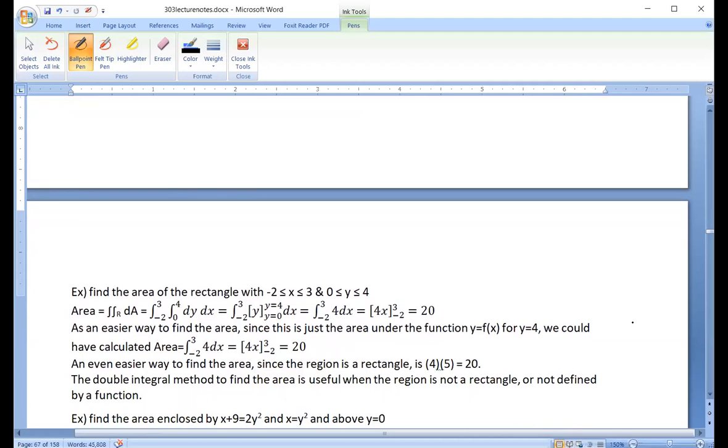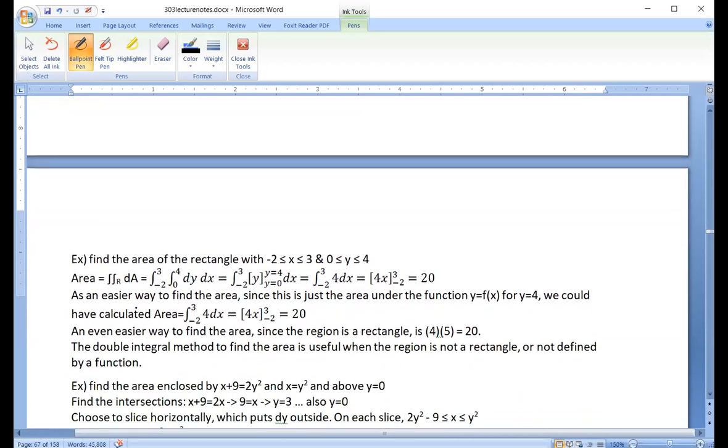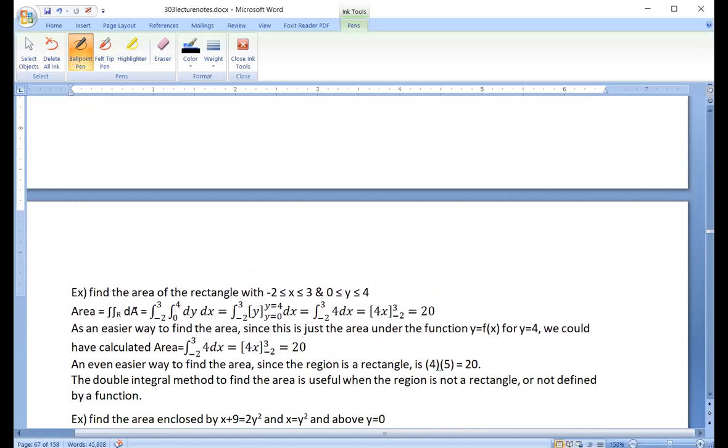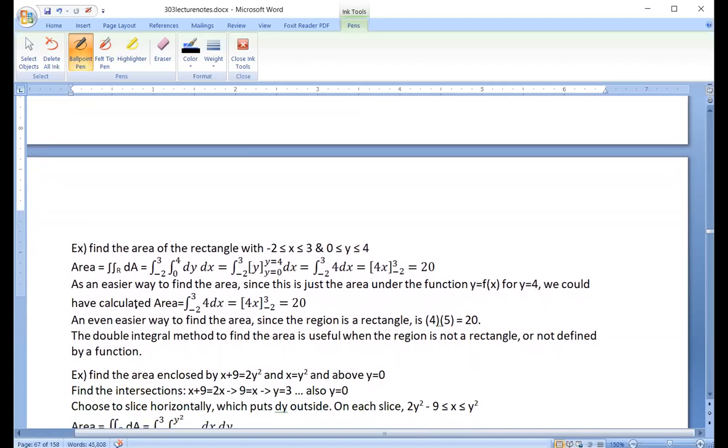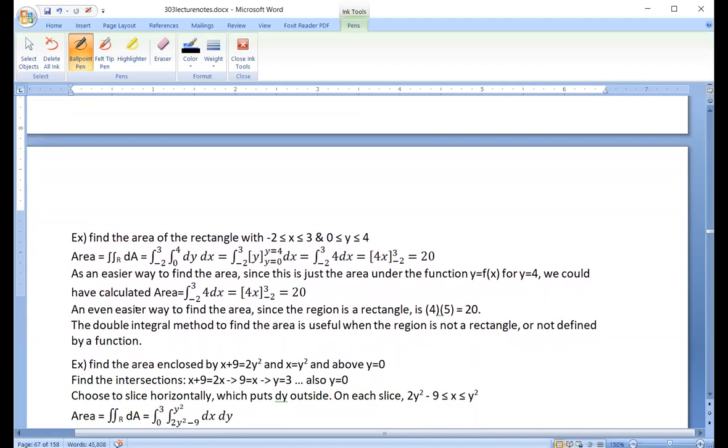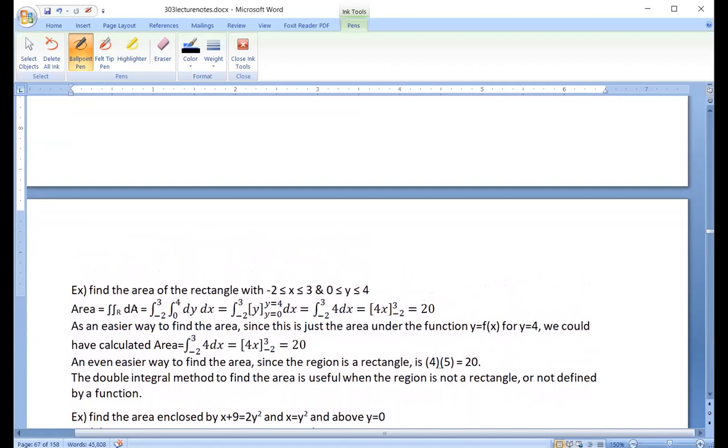For example, find the area enclosed by x plus 9 equals 2y squared and x equals y squared, and above y equals 0. So how would that look? Well, we make our first basic step. We know that the area is just... First, we're going to need to find the intersections.